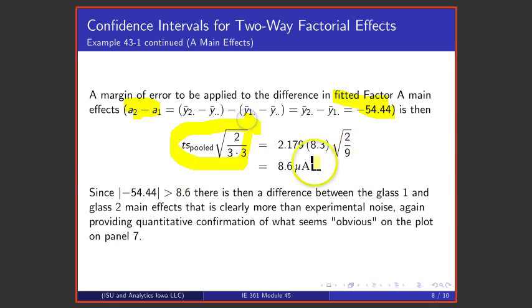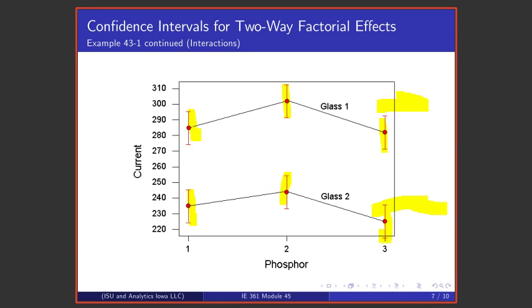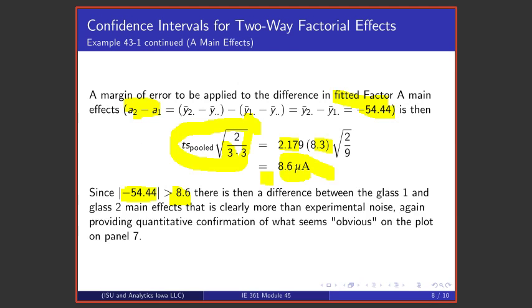There's a t-value, a pooled S, and then 2 over the cell sample size, which is 3, times the number of columns, which is 3. So that is about 8.6 microamps. And the point here then is, since that difference in absolute value is bigger than the margin of error, there's a clear difference between glass 1 and glass 2 main effects. And again, that seems more or less obvious from the plot.